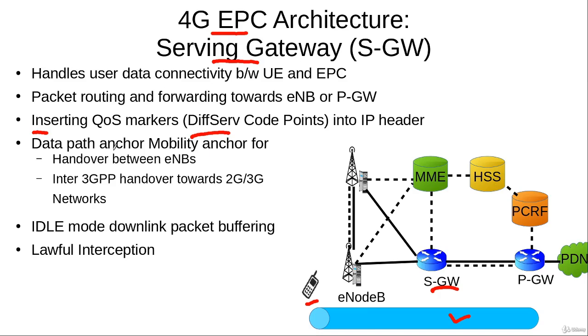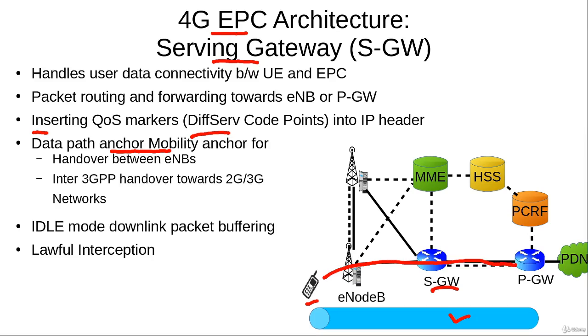Now anchor mobility is another important function of the serving gateway. Suppose this user equipment has established an EPS bearer with the 4G core network, and this is the data path.